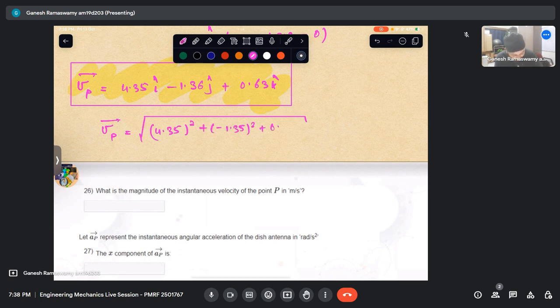This will come out to be 4.35 squared, and so on. This comes out as 4.59 meters per second, not second squared.